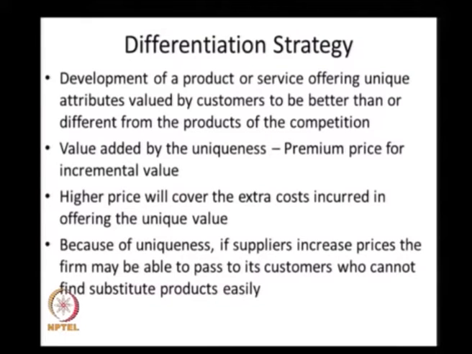And on the other hand, because of the uniqueness, if the suppliers increase prices, then it is relatively easy for firms to pass this to the customers, because it is very difficult to find substitute products, especially when your product or service is delivering something that is very unique and it is a value proposition that is not easily available from a substitute product or service.